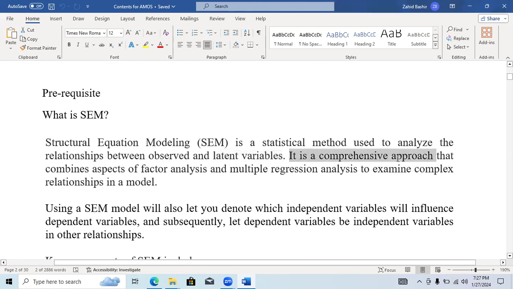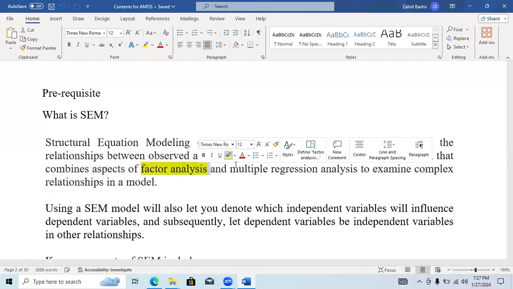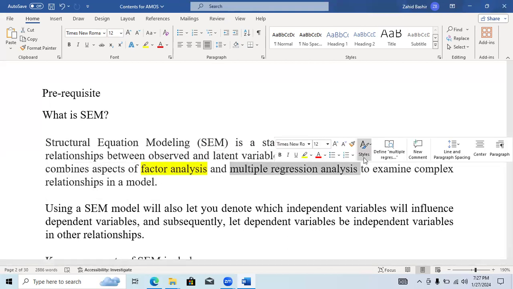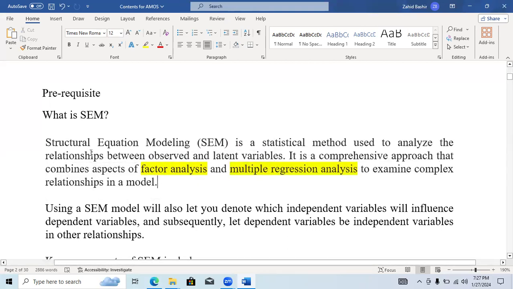It is a comprehensive approach that combines the aspects of factor analysis and multiple regression analysis. So SEM is basically the combination of these two things, factor analysis and multiple regression analysis, to examine complex relationships in a model.